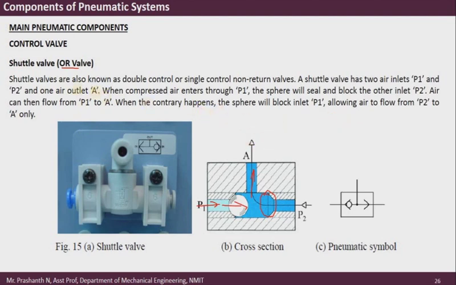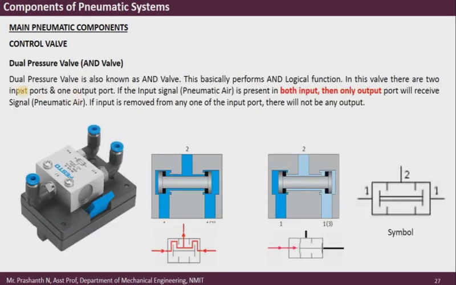And as we know, of the logical operations, one is OR, and there is another logical operation which is AND logic. That is known as the dual pressure valve in pneumatic systems. So AND logic can be achieved using a dual pressure valve.